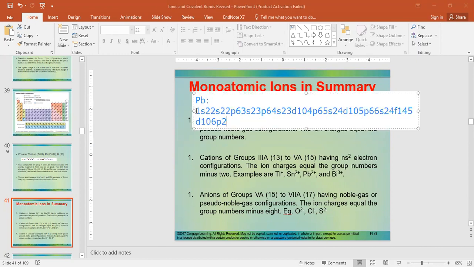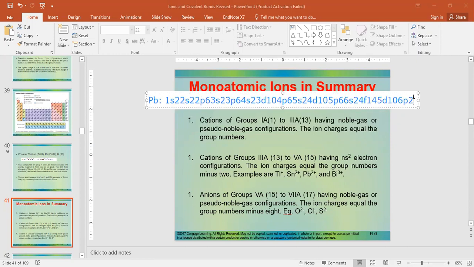Now, this is the electronic configuration of lead. And you can see I have arranged this one according to the order of the energies of the orbitals, the order that we use in filling the electrons in the orbitals. So look, it is going to lose this p2 so that it can form Pb2 plus. And then it can also lose this s2 together with the p2 to form lead 4 plus.